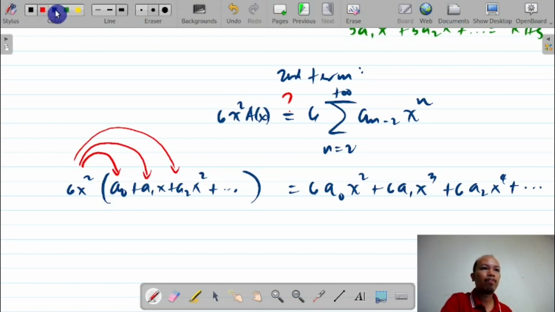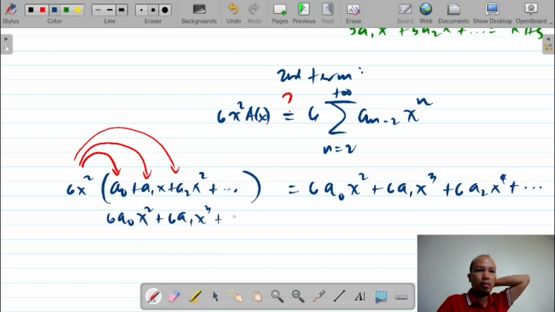So this will become 6 a sub 0 x squared, plus 6a sub 1 x cubed plus 6a sub 2 x to the 4, which is equal to the right hand side.